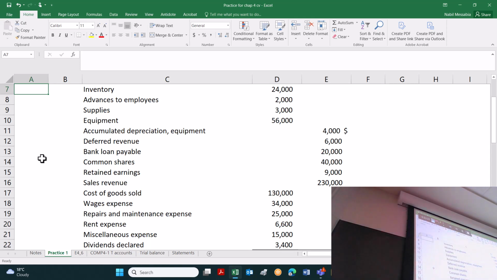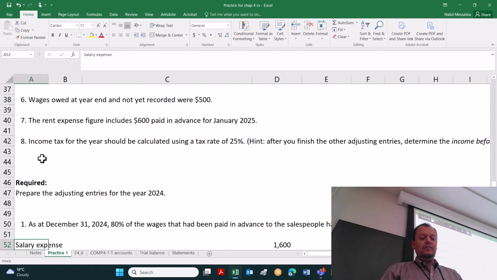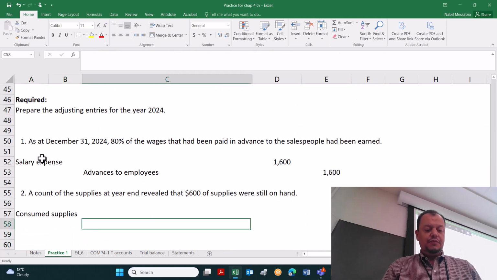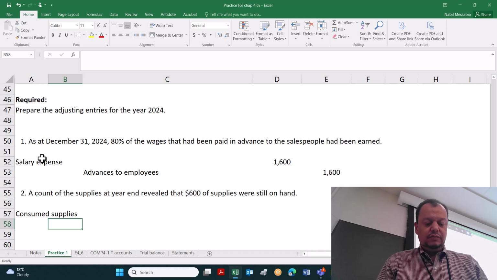Supplies, makes sense, right? Common sense. Supplies will decrease when you consume supplies. Supplies is an asset, so that asset will decrease, which means that's what you need to credit.